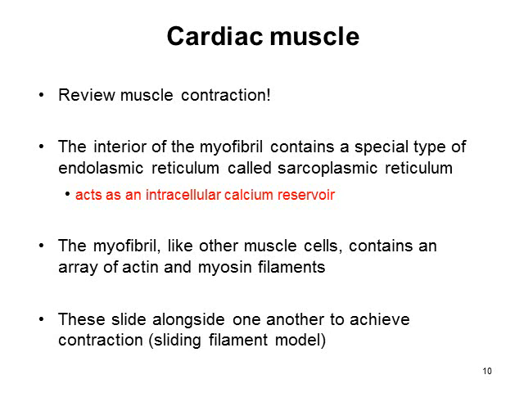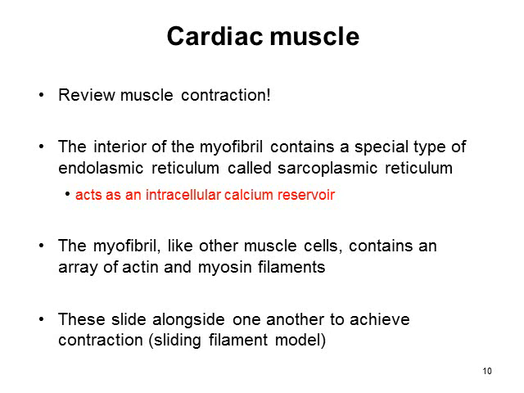So, for cardiac muscle, I need you to review muscle contraction. Have a read in your textbook on muscle contraction to remind yourself of the sliding filament hypothesis. Remember that the interior of the myofibril contains a special type of endoplasmic reticulum which is called the sarcoplasmic reticulum. This is our intracellular calcium reservoir.